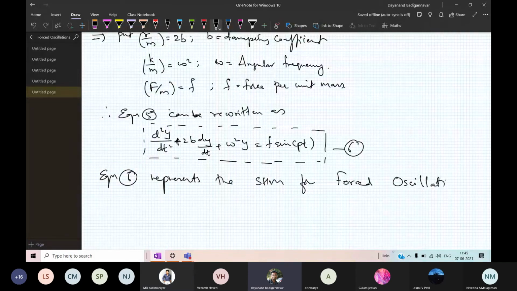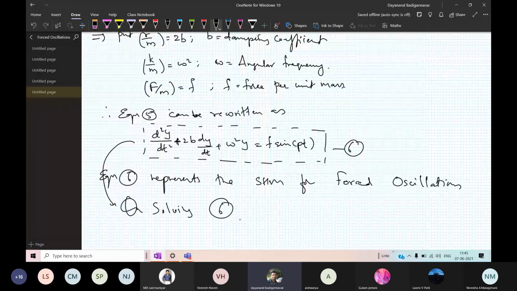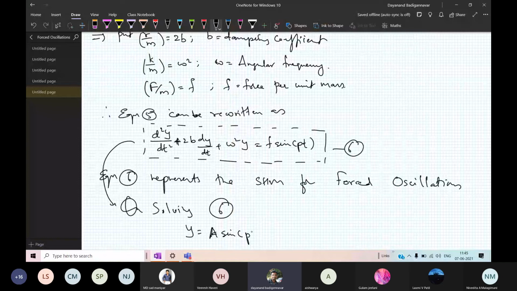On solving 6, the same way as we have done earlier, I get the value of y equal to a into sine of pt minus theta.